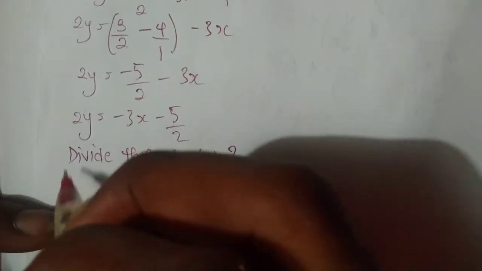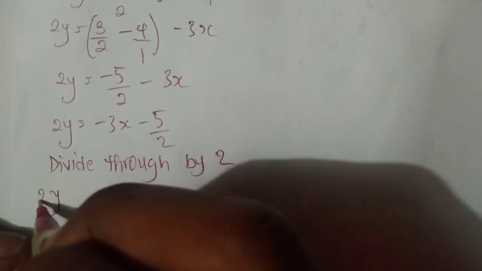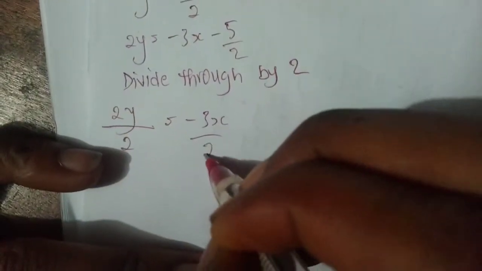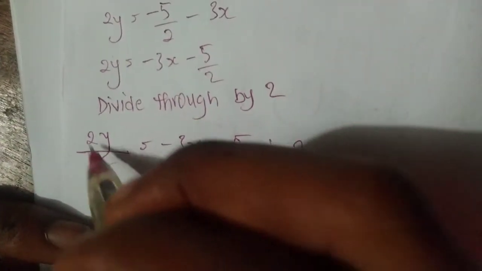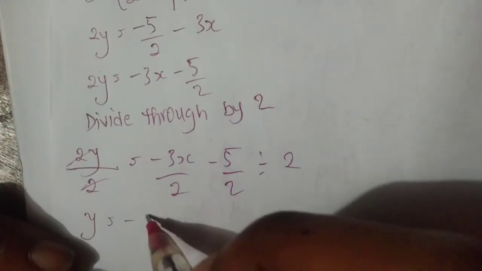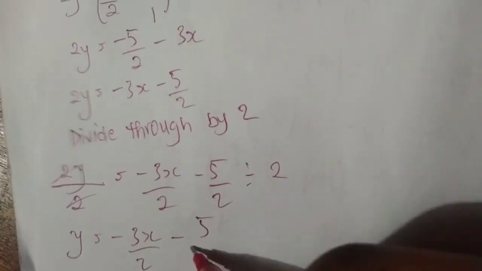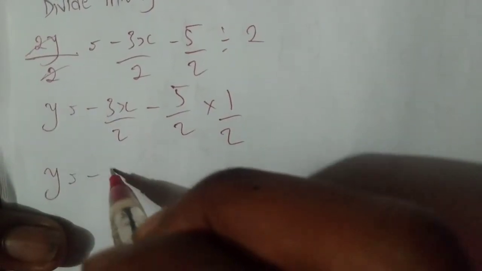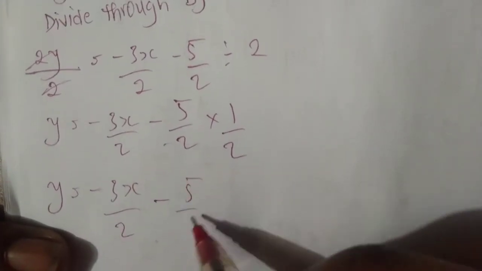So if we divide through by 2, we have y is equal to minus 3x all over 2 minus 5 all over 2 times 1 all over 2. So we have y is equal to minus 3x all over 2 minus 5 all over 4.